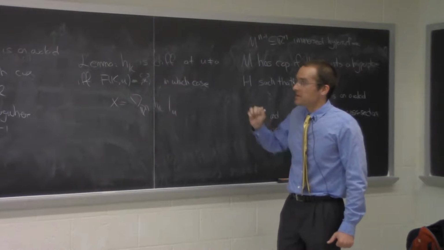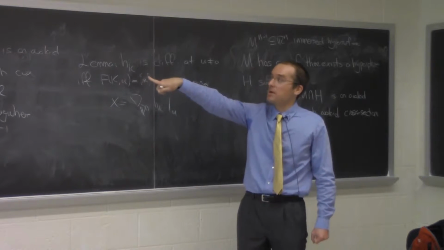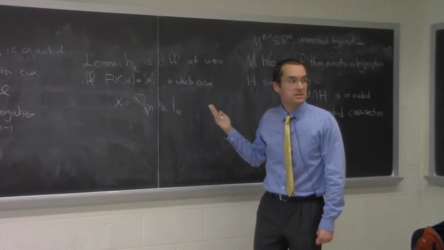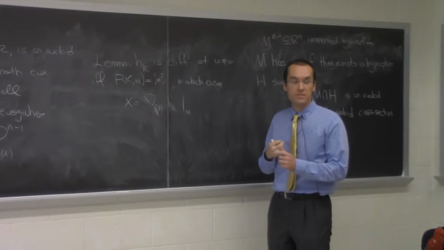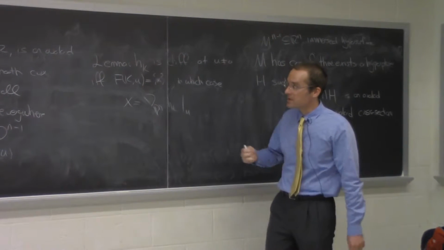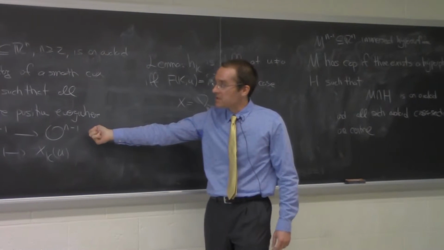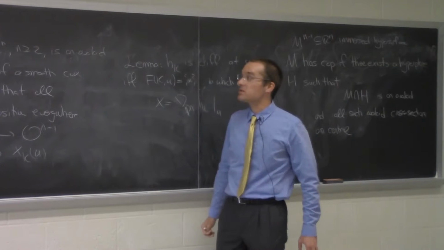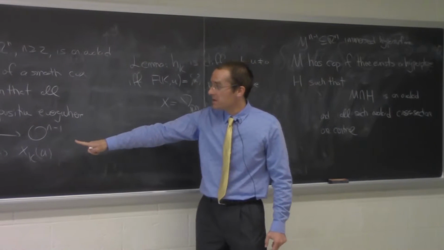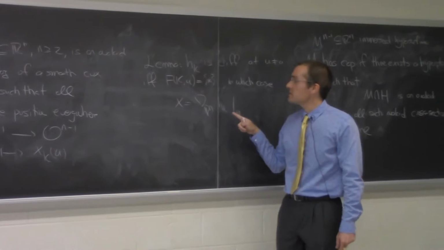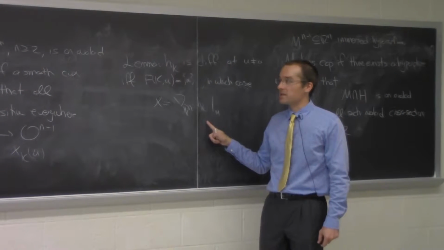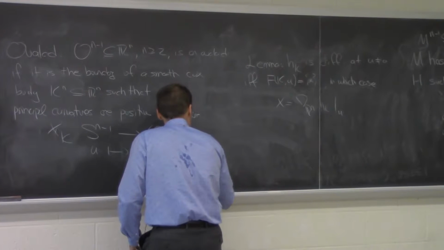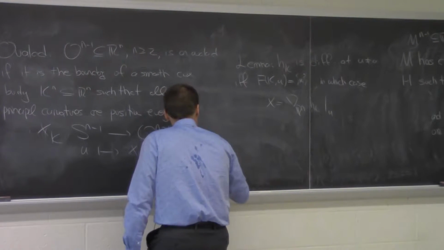Therefore, if I have a strictly convex body, each boundary point I can find by just taking the gradient of the support function. Well, this is the boundary of a strictly convex body. Therefore, this point can be obtained by just taking the gradient of the support function.